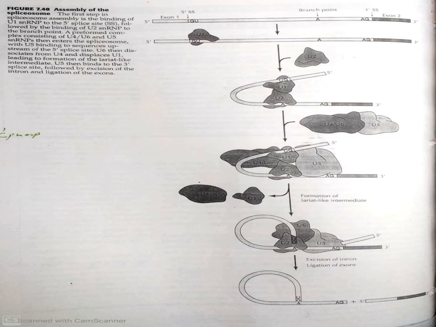Then a complex of a few snRNAs, that is U4, U6 and U5, will come and bind with U1 and U2.